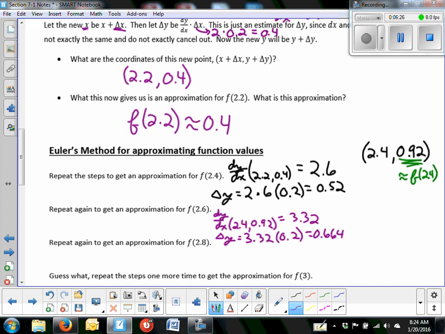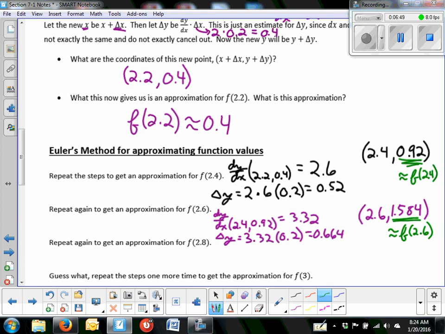So now I've got a new x of 2.6. My new y is going to be the 0.92 from just above here, plus the 0.664, which is 1.584. And this is approximately f of 2.6.